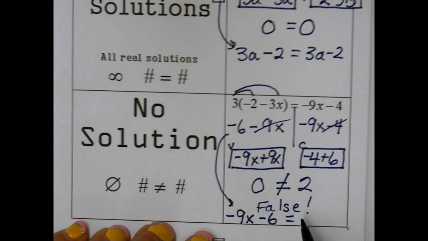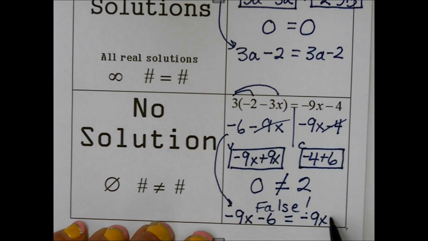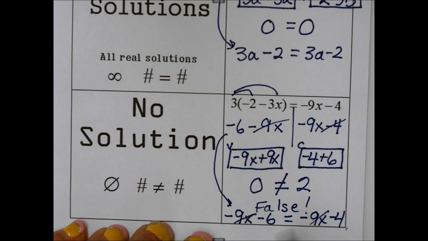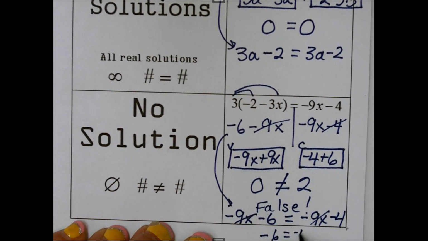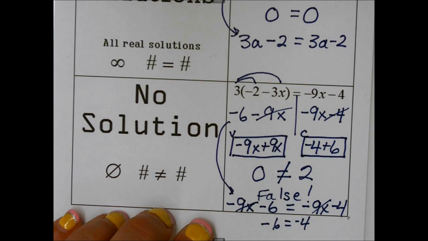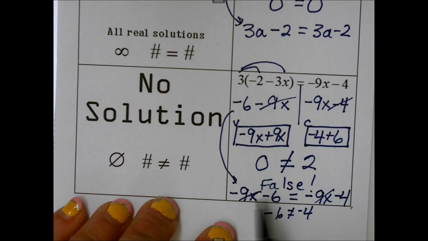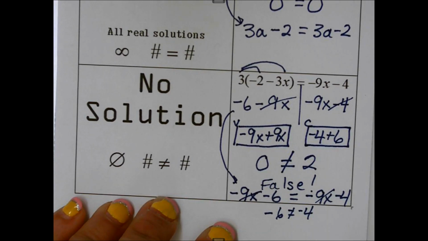I don't think so. That can't happen. So some of you may see, if you have the same variable on both sides, same sign, then that would cancel. Then you look here. If they are different, it would be no solution. If these would happen to be the same thing, then it would be all solutions. Go ahead and glue this in your notebook, and we'll work on some problems and see how they end up turning out.